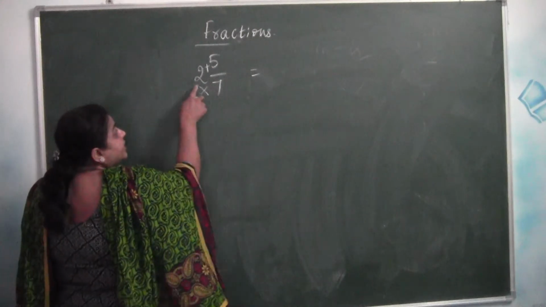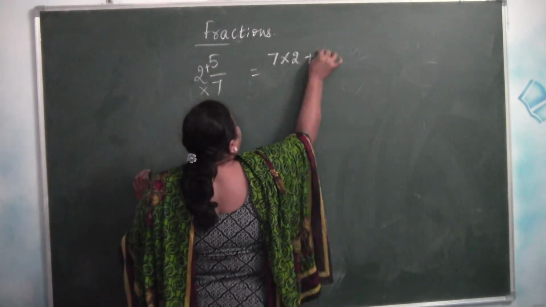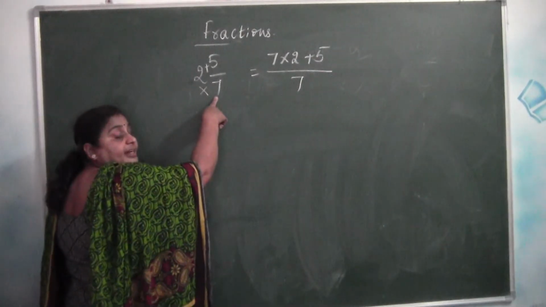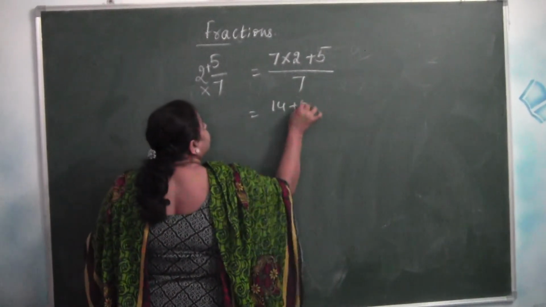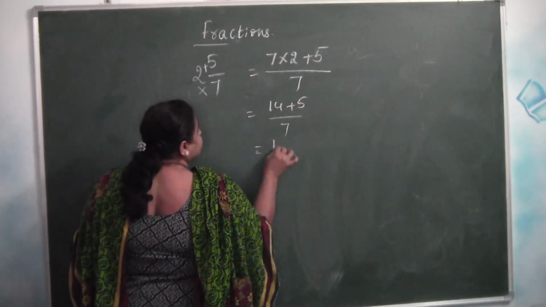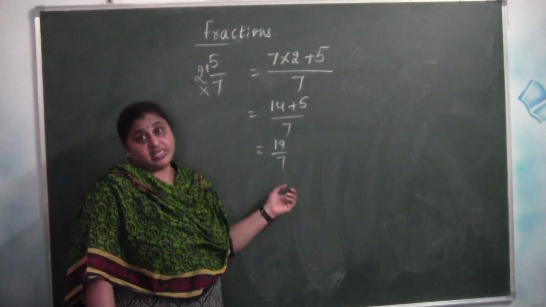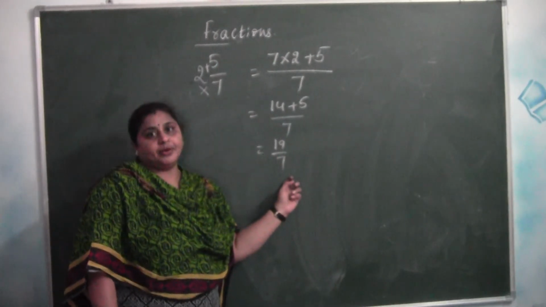So 7 into 2 plus 5 by 7, because my denominator is 7. 7 2s are 14 plus 5 by 7, that is 19 by 7. Mixed fraction to improper.